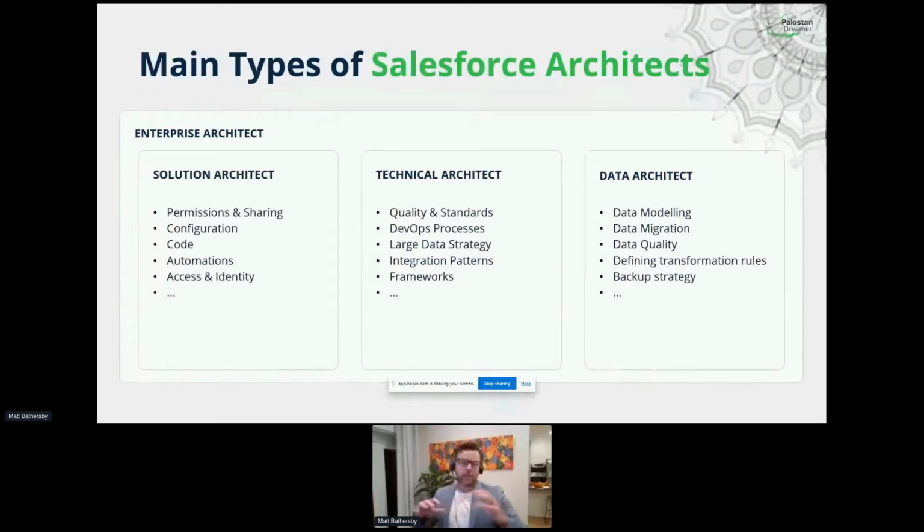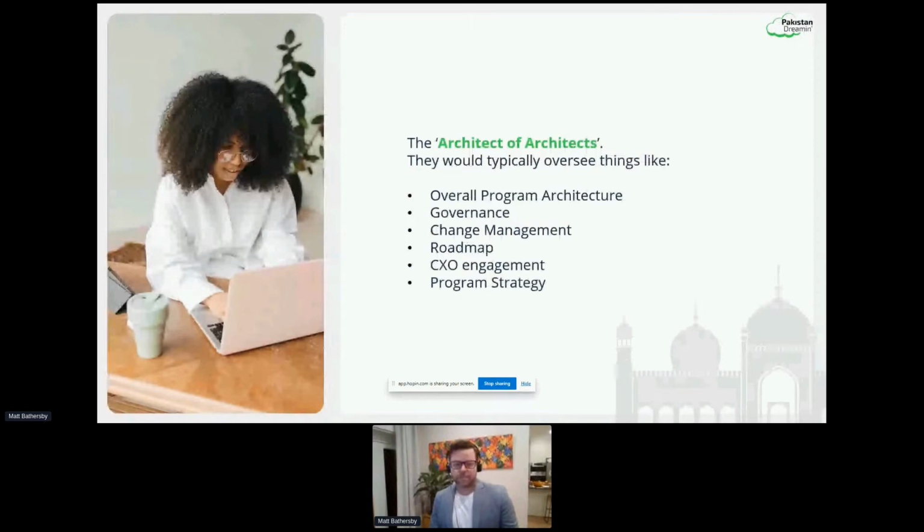But more importantly, the enterprise architect is really the architect of architects. They sit around the outside of those architects. They are kind of responsible for all of those things from a higher level, from an enterprise level. And often the enterprise architect would collaborate quite heavily with all of the other types of architects, and would play a very significant role in each of those different things.